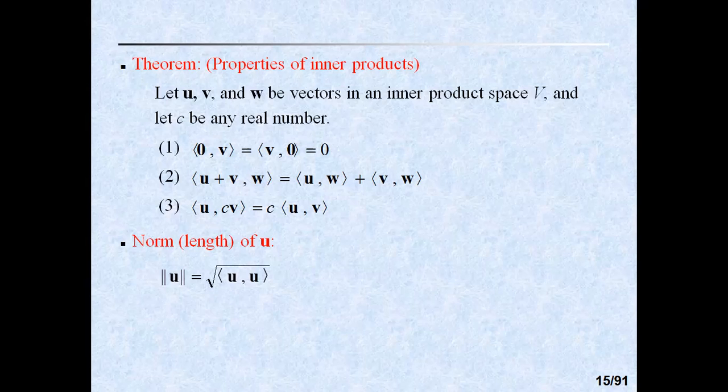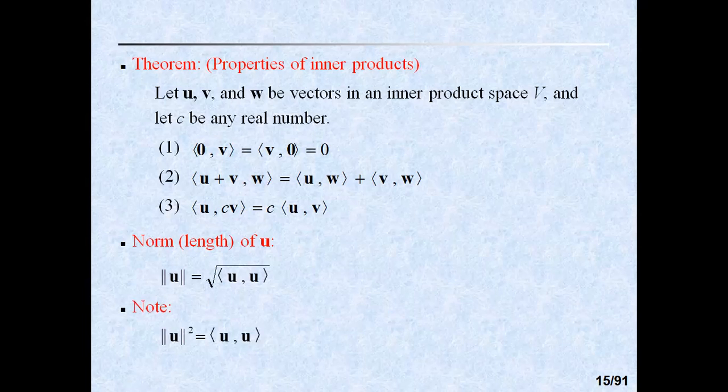Norm, or the length of U. Norm U is equal to the square root of, this is the length of the vector. Length of the vector is also called the norm. Norm of the U vector means the length of the vector is represented as a norm. Norm of U can be represented in the form of the inner product, the square root of inner product of U comma U. This is an important definition, you have to remember it.